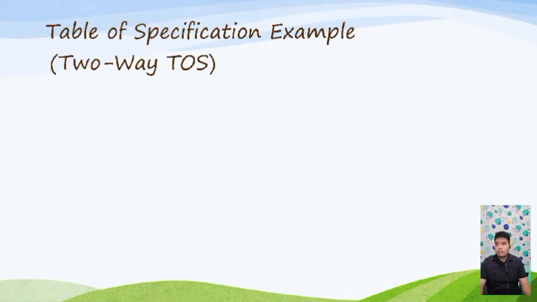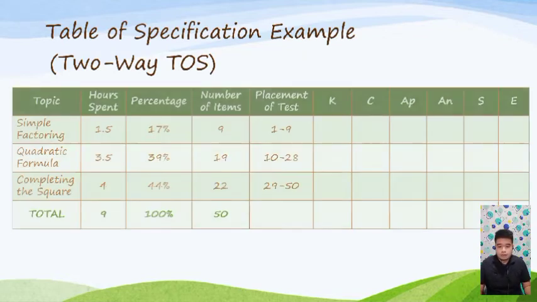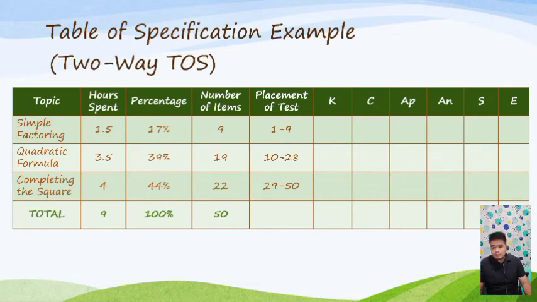So in two-way TOS, we need to add the levels of taxonomy, which are knowledge, comprehension, application, analysis, synthesis, and evaluation. So let's say, for example, we have here the topic, the hours spent, the percentage, the number of items, and the placement of the test. So these are the things that we solved earlier.